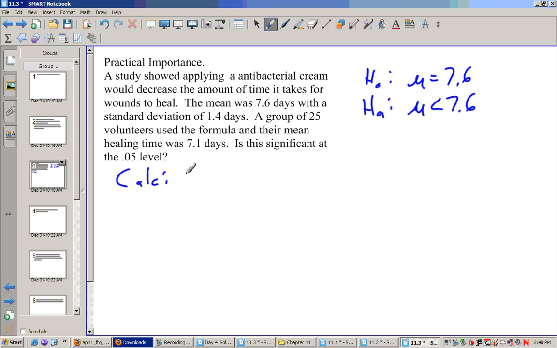So for the calculations, we want our z-score to be 7.1 minus our null mean of 7.6, divided by 1.4 over the square root of 25. So this would be negative 0.5 on top. 1.4 over the square root of 25 is 0.28.